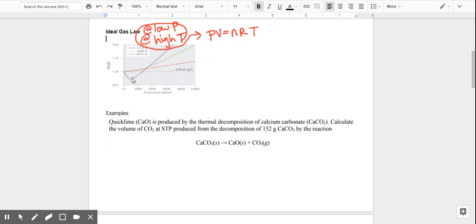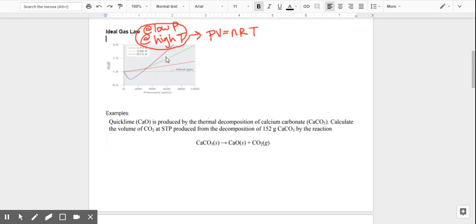I have a little diagram here to show you that. You have a red line here, a purple line that's spiking up, and then a green line that's in between. Temperatures are accordingly: 873 Kelvin is the highest temperature, at red. The green is the middle temperature, and the purple is the lower temperature.